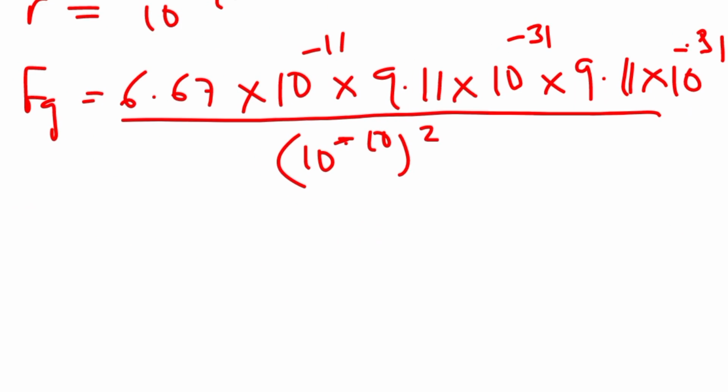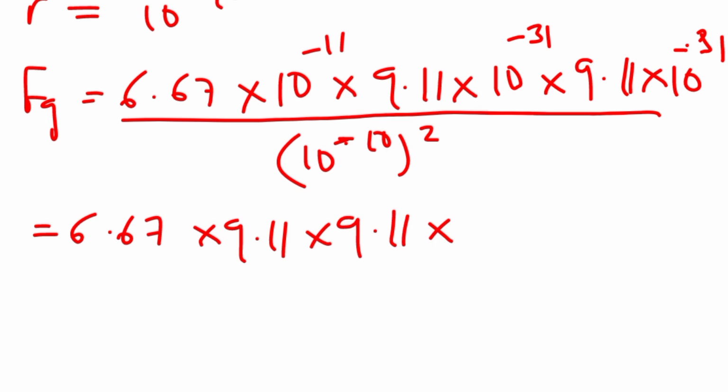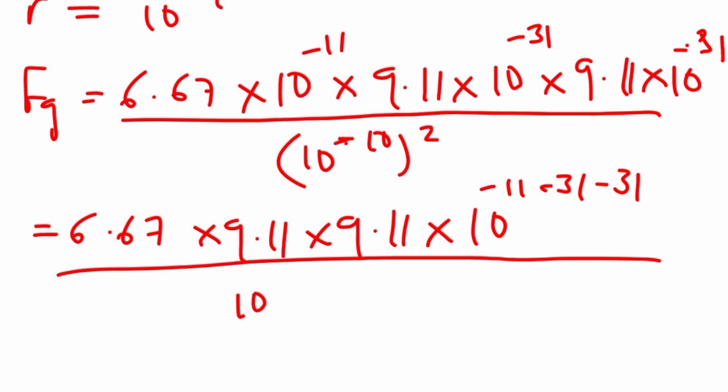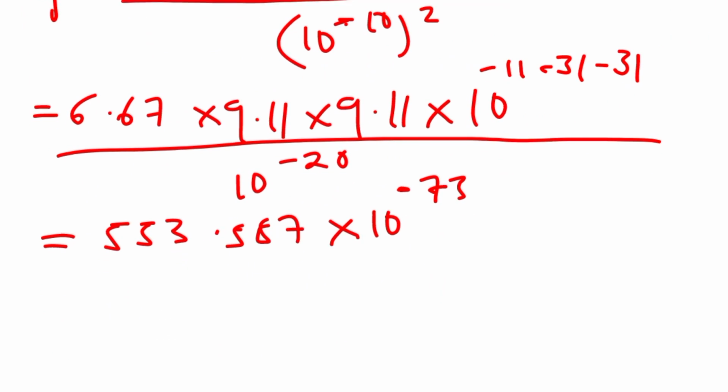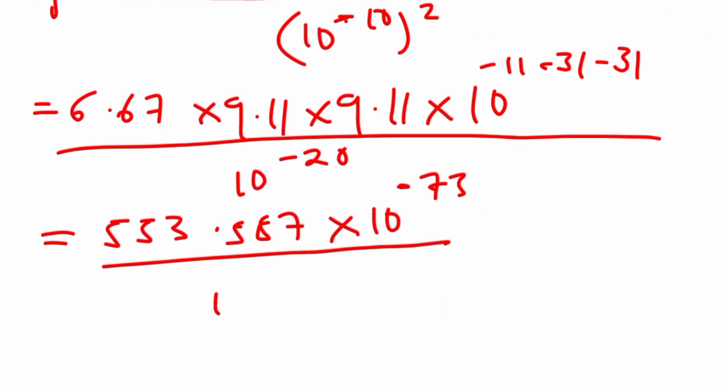This in turn gives us 6.67 times 9.11 times 9.11 times 10 to the power of negative 11 minus 31 minus 31, all divided by 10 to the power of negative 20, which equals 553.557 times 10 to the power of negative 73 in the upper part, all divided by 10 to the power of negative 20.